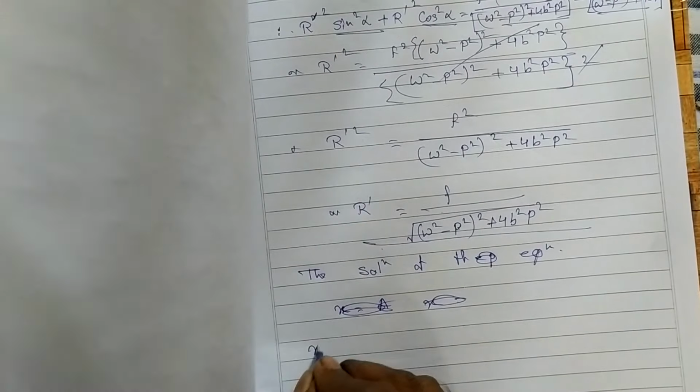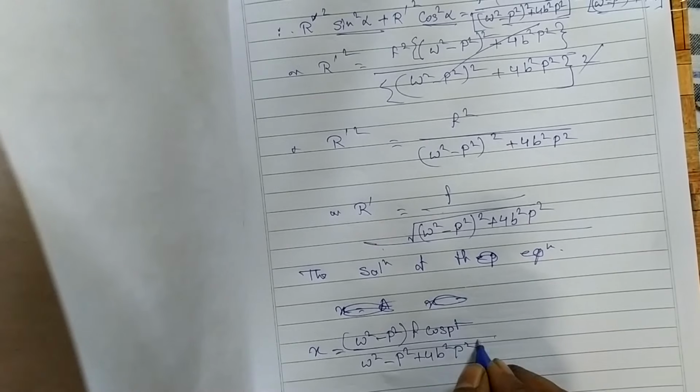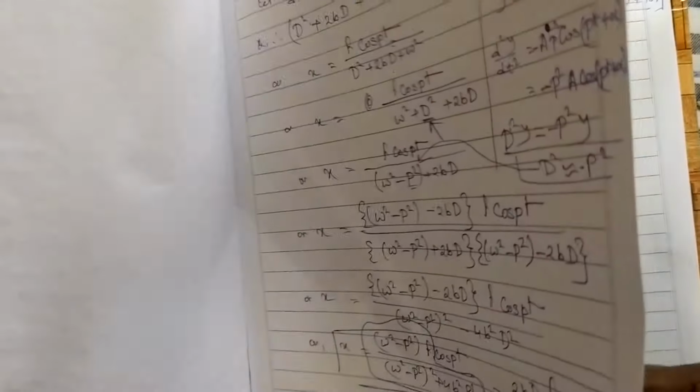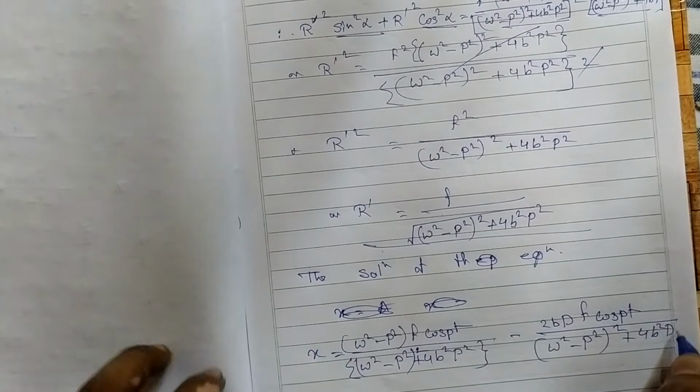Okay, for the solution of this equation we write here x equal to (omega square minus p square) f cos pt divided by ((omega square minus p square) whole square plus 4b square p square), minus 2bdf cos pt by ((omega square minus p square) whole square plus 4b square d square).